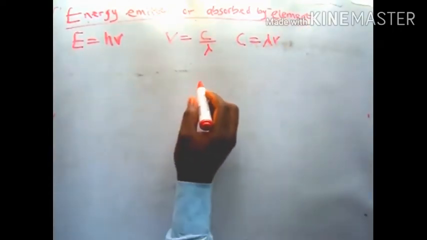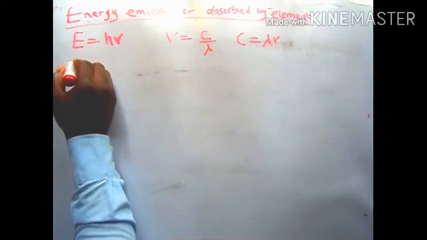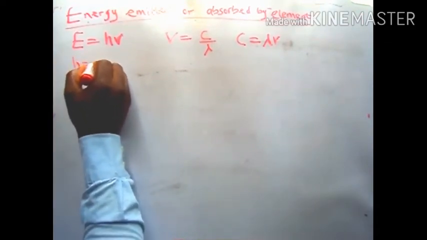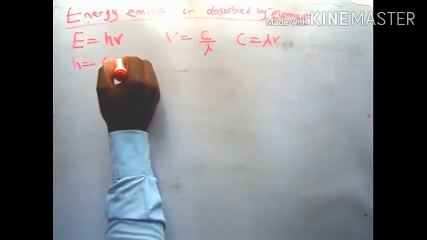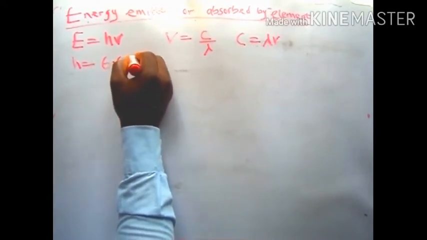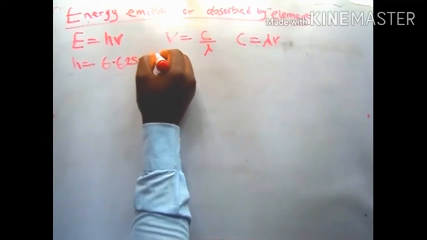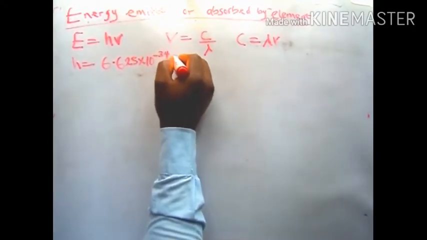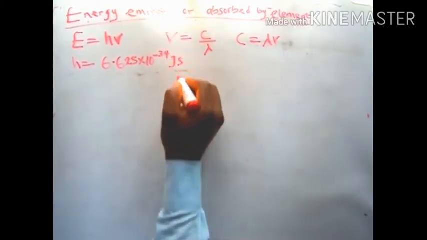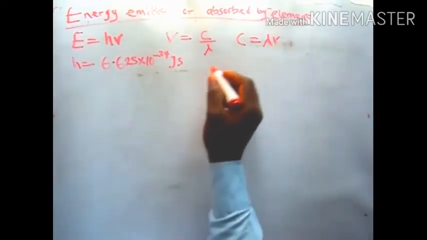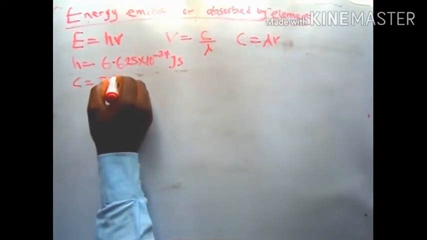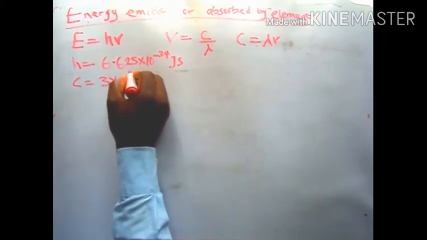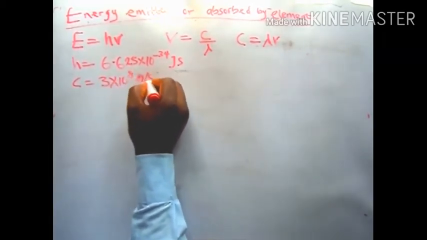Now our Planck constant has a value of 6.625 times 10 raised to power minus 34 joule seconds, and the speed of light has a value of 3 times 10 raised to power 8 meters per second.